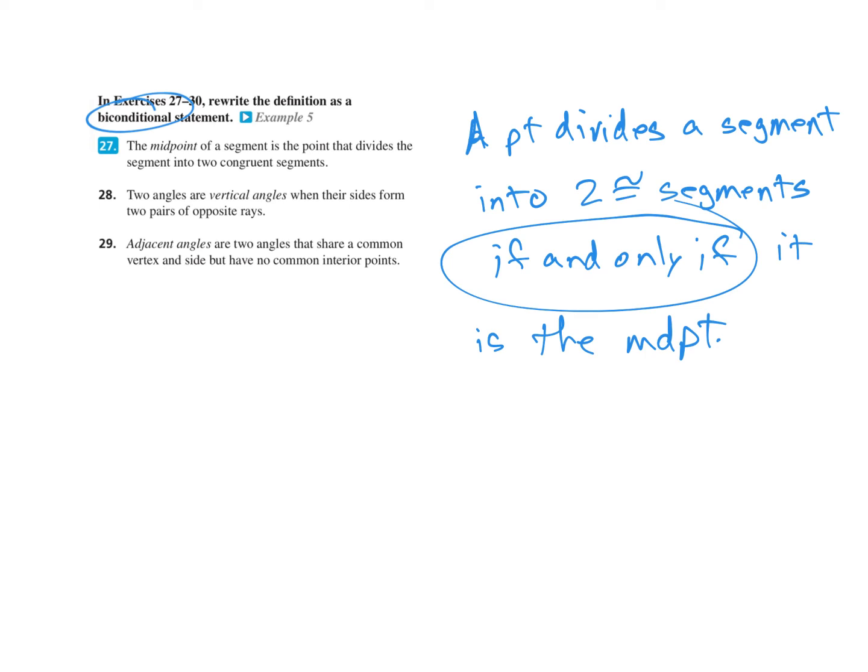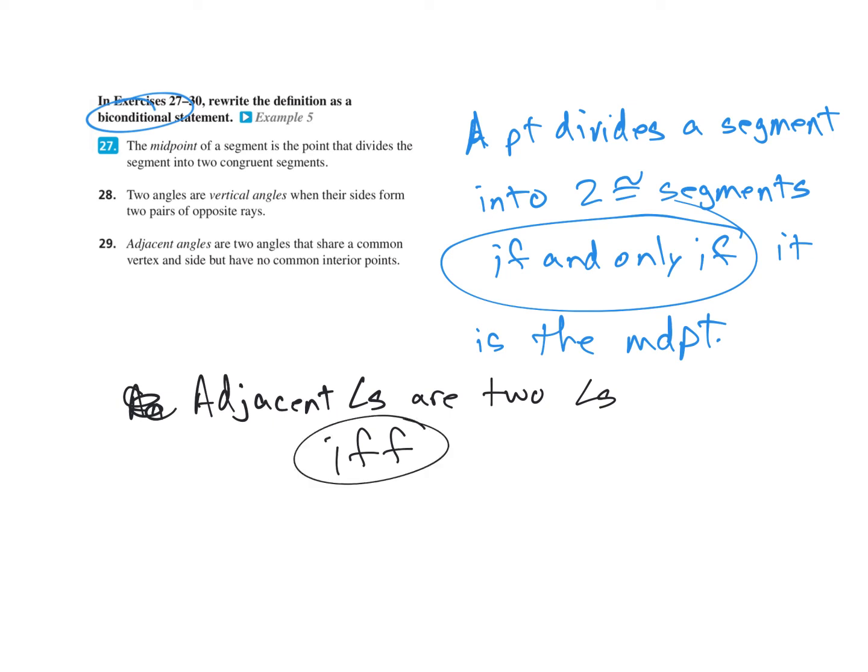29, adjacent angles are two angles that share a common vertex and side, but have no common interior points. Okay? So you could say, adjacent angles are two angles, and if and only if.